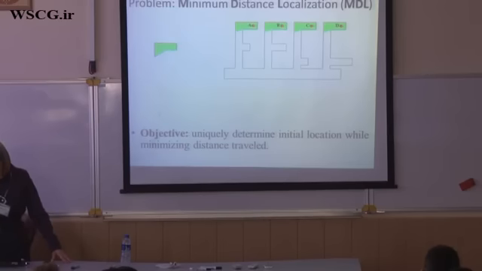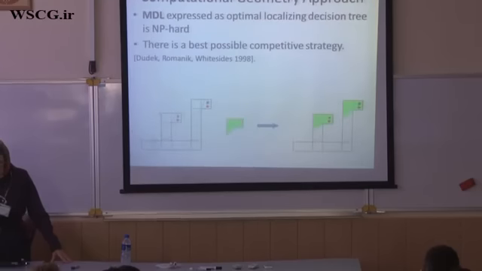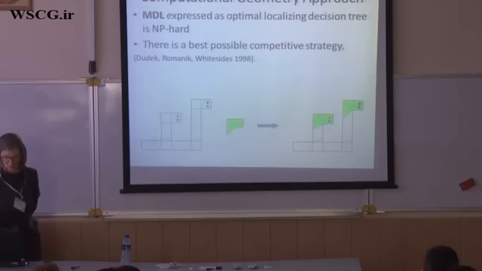All right, so we want to minimize the distance traveled. And trying to find an optimal localizing decision tree is just a hard problem. However, there's a good competitive strategy for doing that.